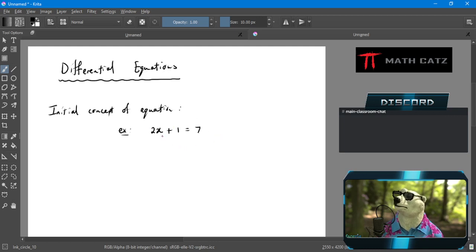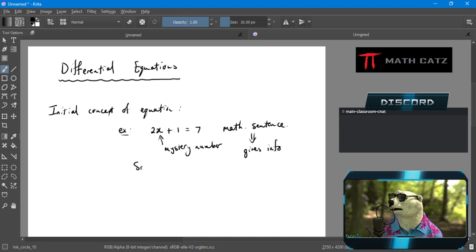So it's a mathematical sentence giving me information about this missing or mystery number. And the sentence gives me information to find what that missing number is.